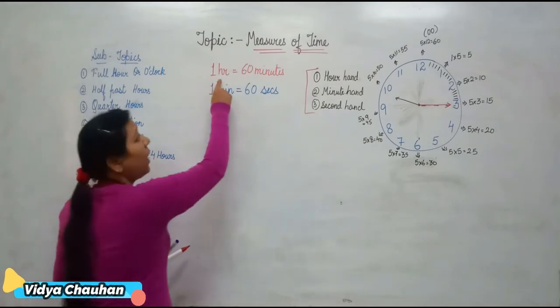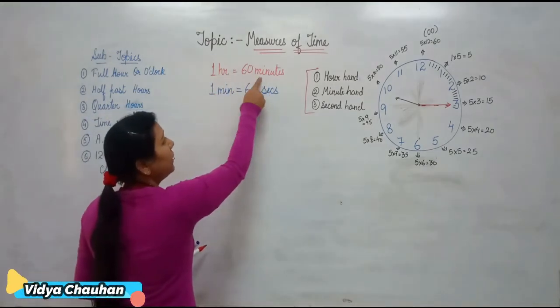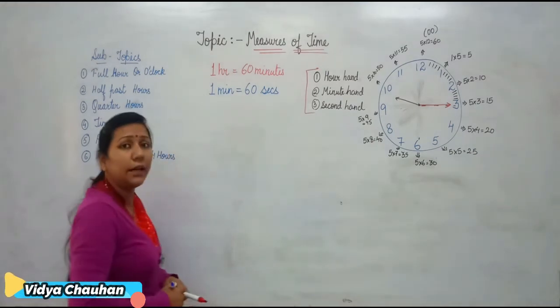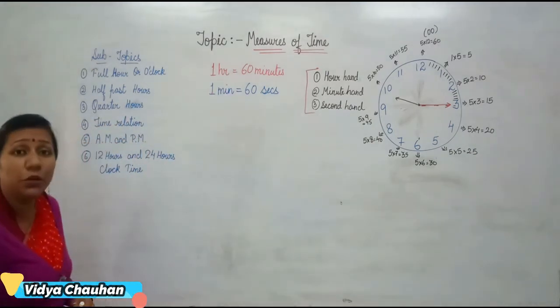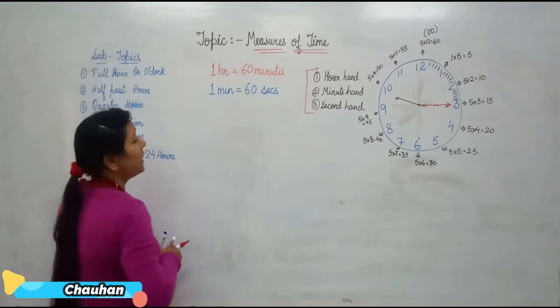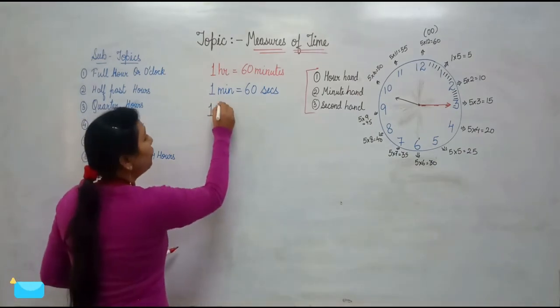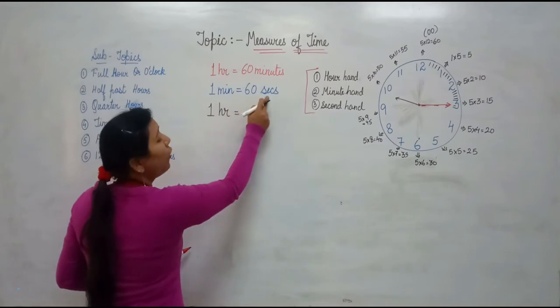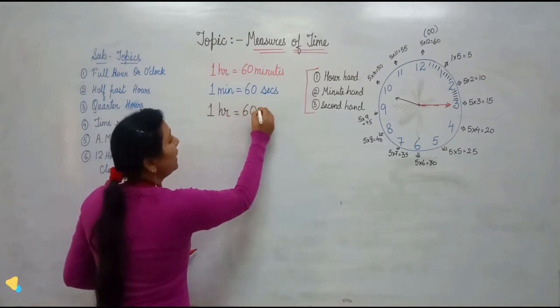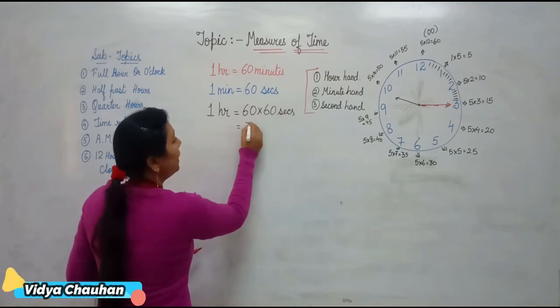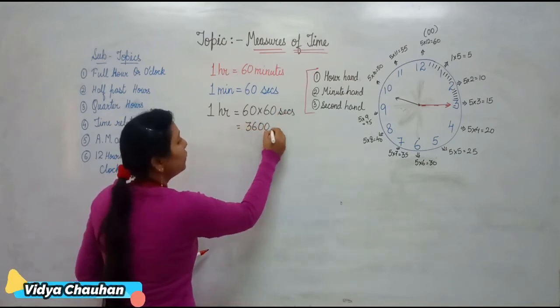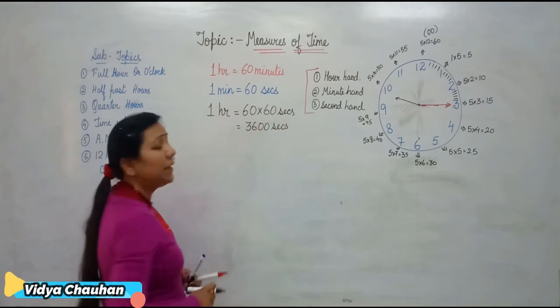That means hour and minutes are connected, minute and seconds are connected. So in turn, we can also write the relation between hour and second. If I have to write 1 hour equals how many seconds? That will be 60 multiplied by 60 seconds. So it will be 3600 seconds.